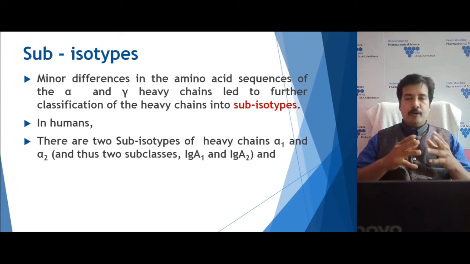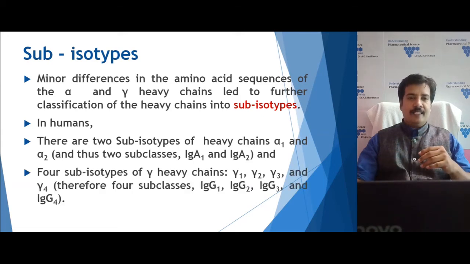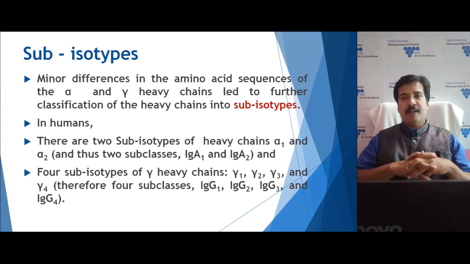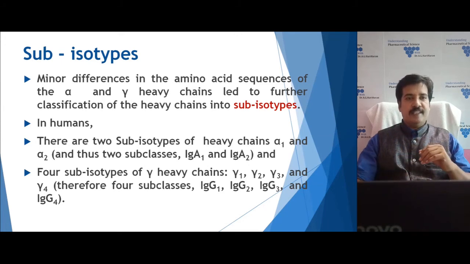So immunoglobulin A can be further classified as immunoglobulin A1 and A2. Similarly, there are 4 sub-isotypes for gamma, that is gamma 1, gamma 2, gamma 3 and gamma 4. So immunoglobulin G can be further classified as immunoglobulin G1, G2, G3 and G4.